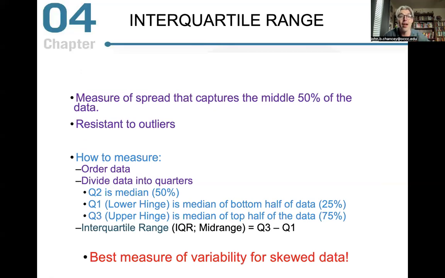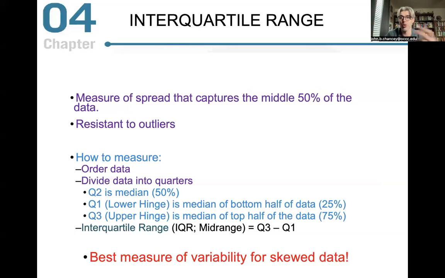So sometimes instead, what we might want to use is interquartile range, where we're measuring the spread that captures the middle 50% of the data. Instead of trying to capture the extreme ends, we want to focus on that middle, and it becomes more resistant to outliers. Essentially, to measure interquartile range, you put your data in order, of course, and then you divide the data into quarters, into four.